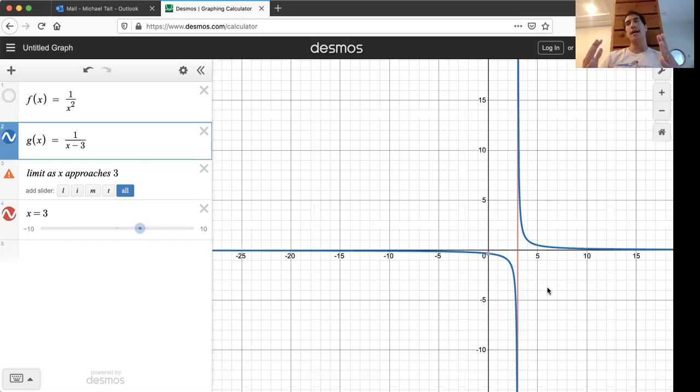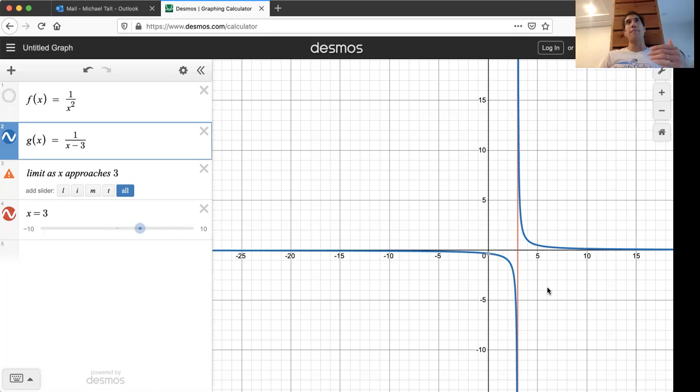When you have a vertical asymptote, you have to be very careful about the sign. Generally, a vertical asymptote is happening because you're dividing by zero. That's the way I can get a function to blow up to infinity. If you're dividing by something very close to zero, numbers very close to zero can be either positive or negative. If I just have a number that's really close to zero, I don't know if it's positive or negative.